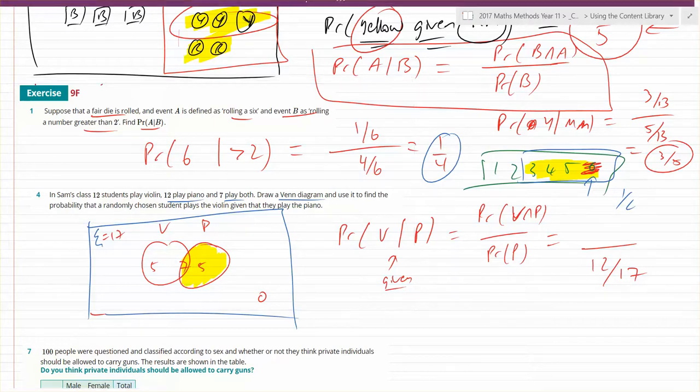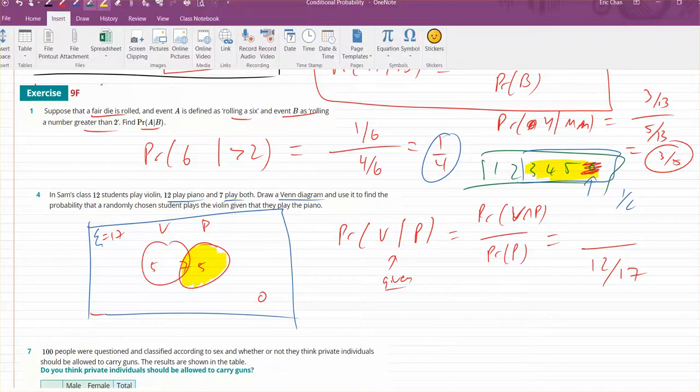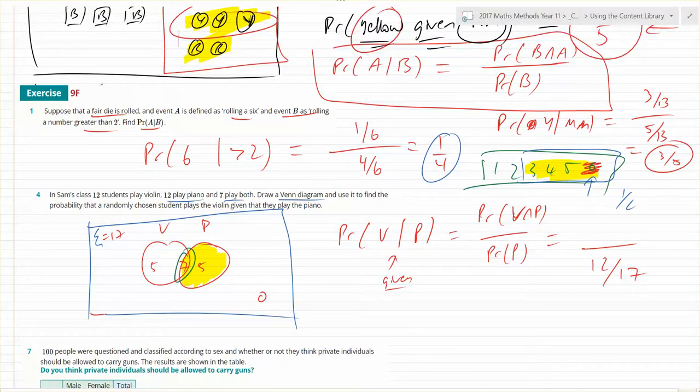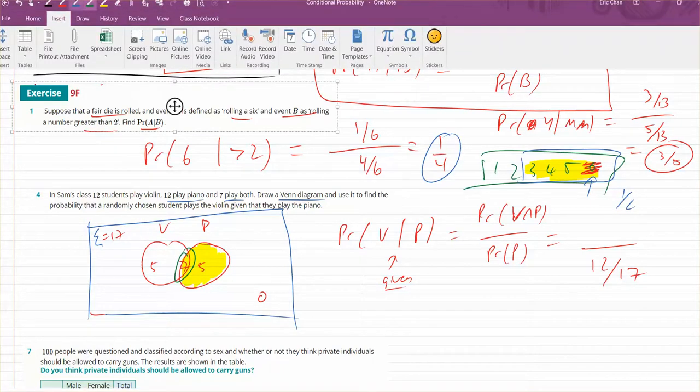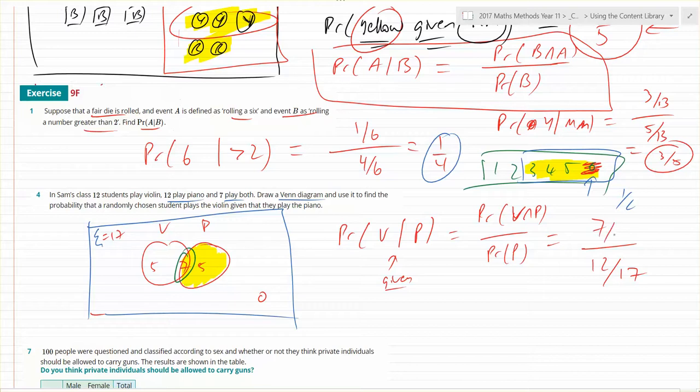Well, the intersection is 7. So 7 out of 17. So overall it's 7 out of 12.